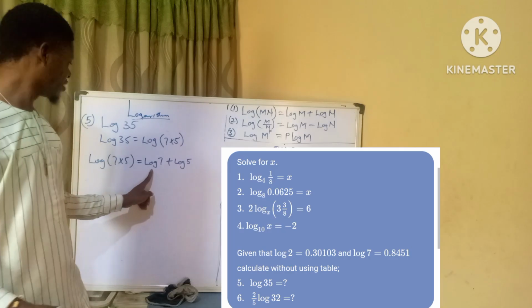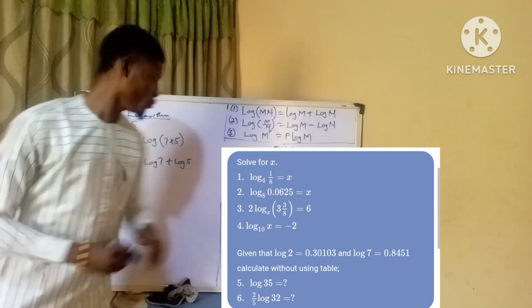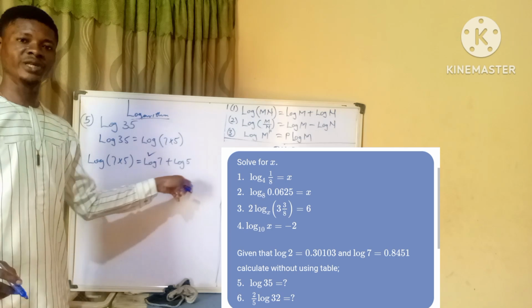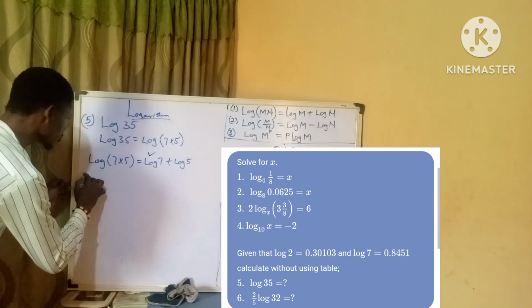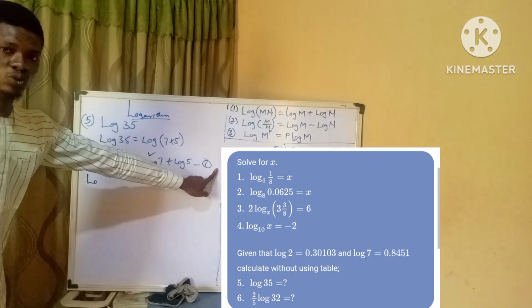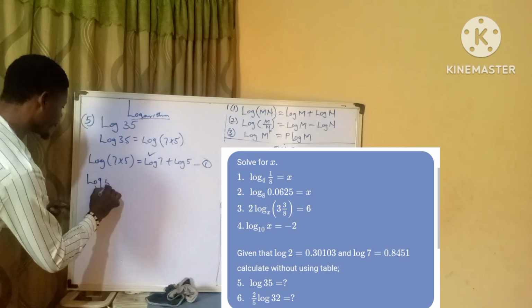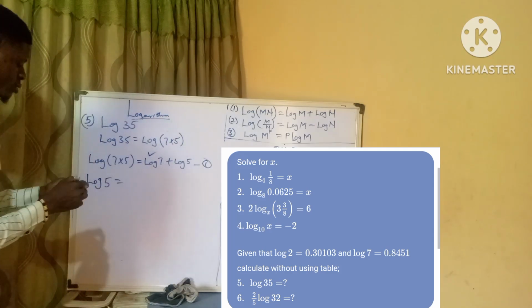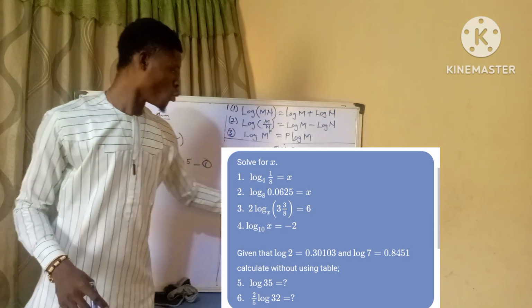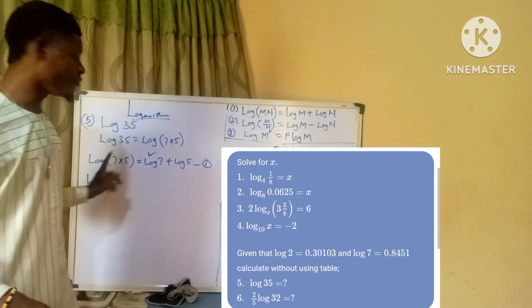So from here now, we are given log 7. So we've gotten this, but we don't know this, so we need to break this down again. Let's keep that as equation 1. So log 5 now. Because we are given log 2, we want to manipulate this in form of log 2.